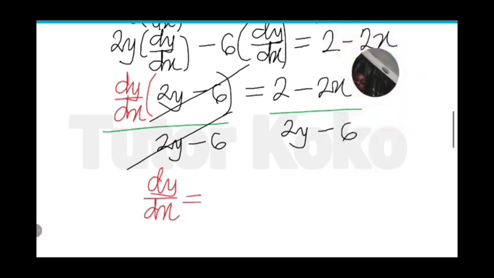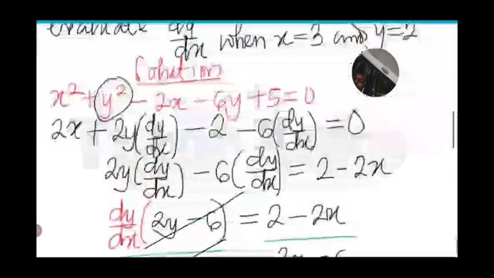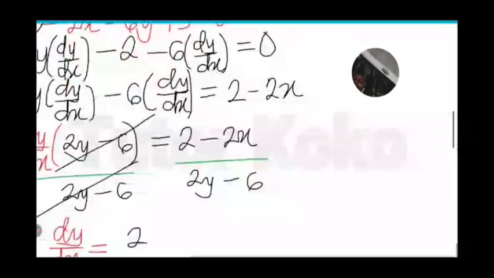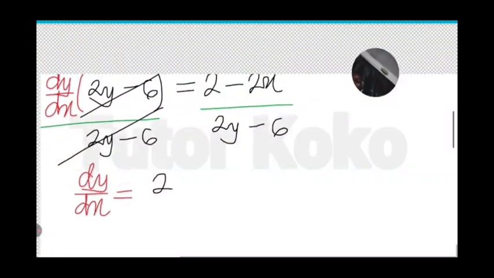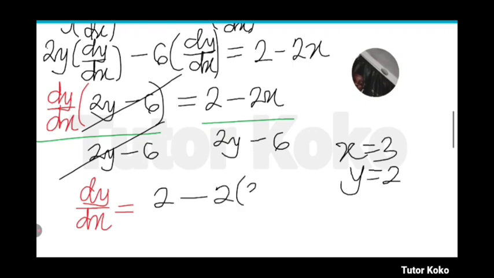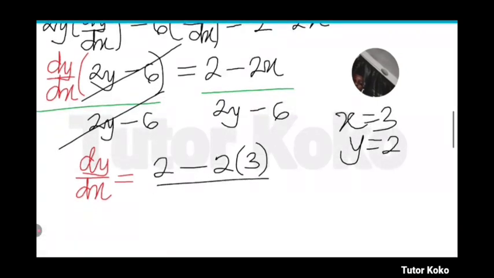Very simple. Don't forget that from the beginning of the question, we were told that x is 3 and y is 2. So I'll just substitute. Anywhere I see x, I change it to 3, and wherever I see y, I change it to 2.